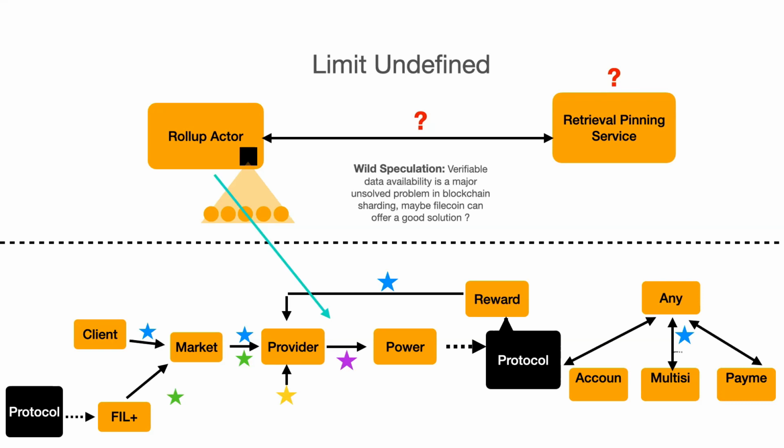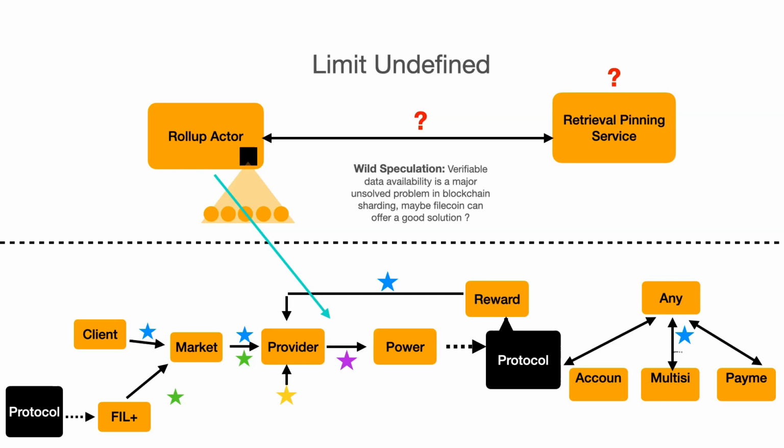So, a wild speculation when it comes to blockchain sharding: the data availability problem is, I'm not a sharding expert, but as far as I understand it, being able to guarantee that data is available is a big bottleneck in getting proper security for blockchain shards, because when you want to do these delegated fraud proofs, you need to get the state underneath the rollup actor.